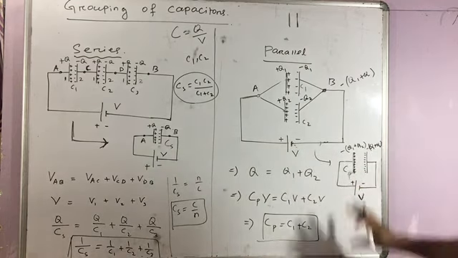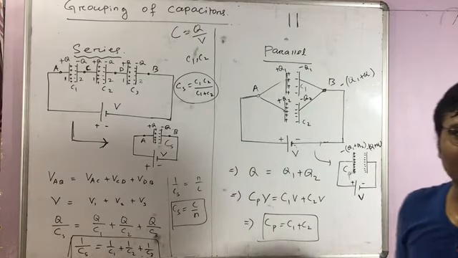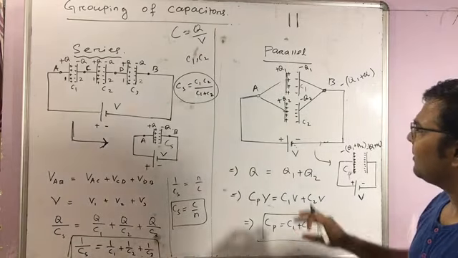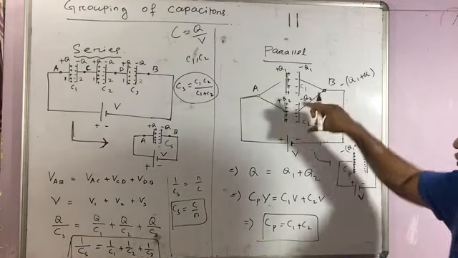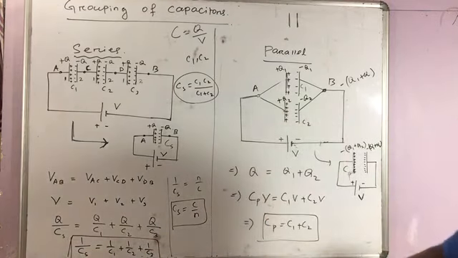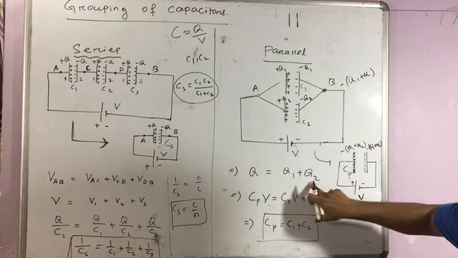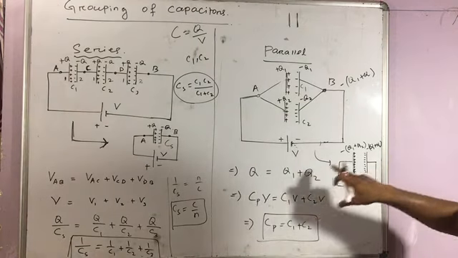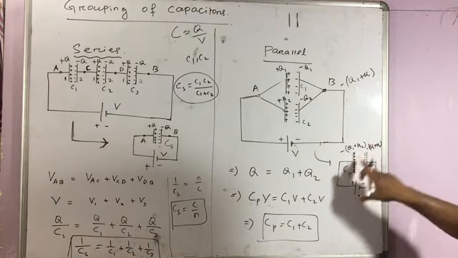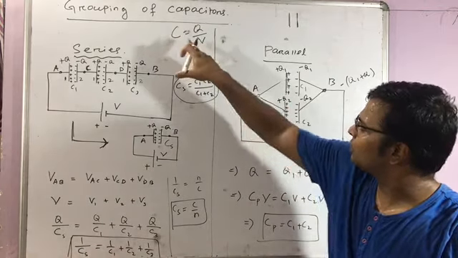Now the idea here is, if capacitors are connected in parallel grouping, they have the same potential difference. Now the total amount of charge here, including both the capacitors, we can say is Q1 plus Q2, which I took as Q. In this formula we can use Q is equal to CV.